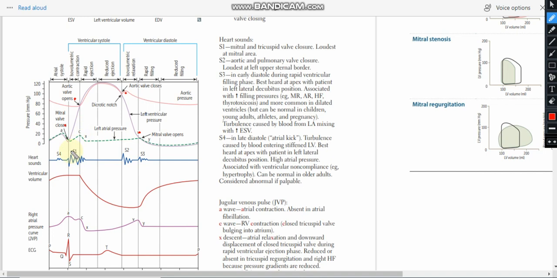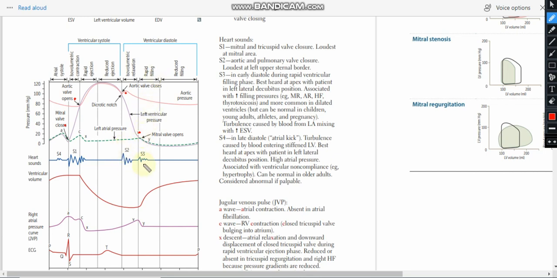When the mitral valve is closing, at that moment we will have our S1. And S2 is because of pulmonary and aortic valve closure, right? So where is the line of aortic valve closure? After that line we will have our S2.